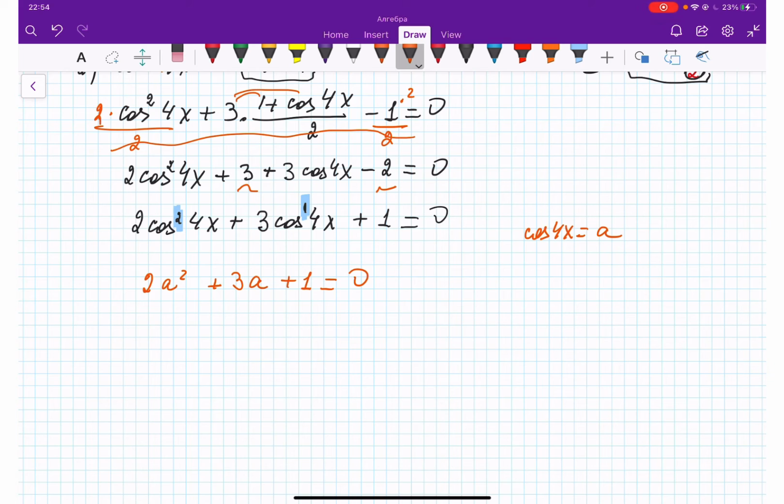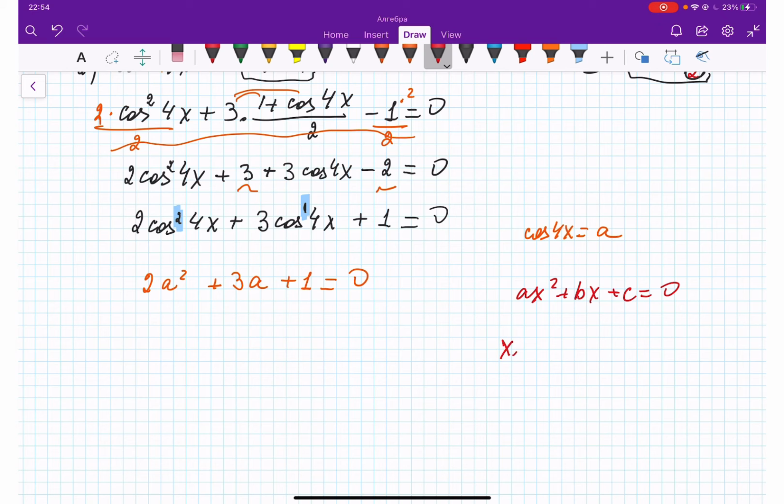Okay, so from here I'm going to use the formula of the discriminant. So when you can't FOIL it, we're going to use the following formula. ax squared plus bx plus c is equal to 0.